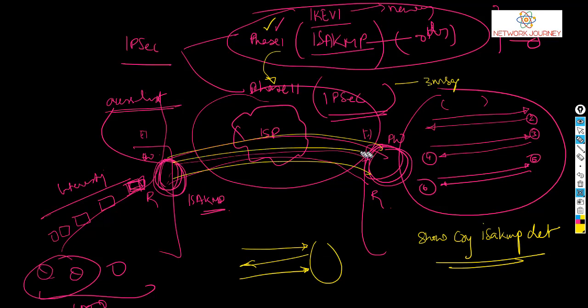So let's say this is a tunnel which is forming. The outer layer is, let's say, the phase 1 layer, and this is the phase 2 layer. Once these two phases are built, the interesting traffic will start moving over this tunnel, even though it's built over the internet.